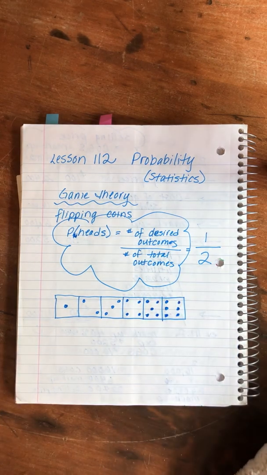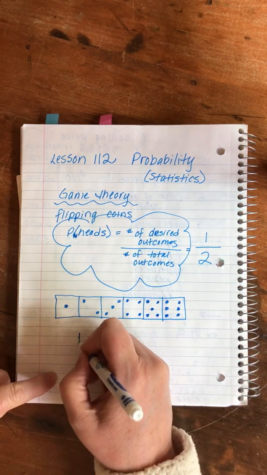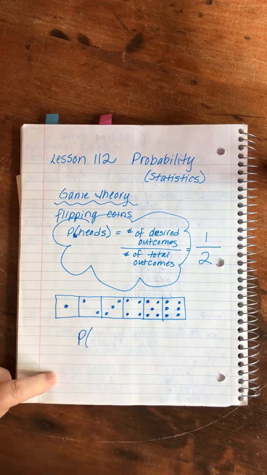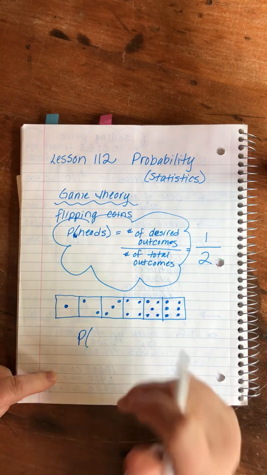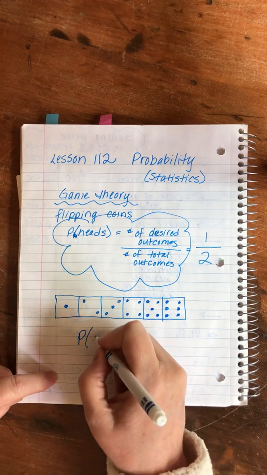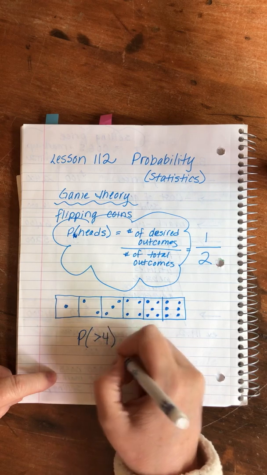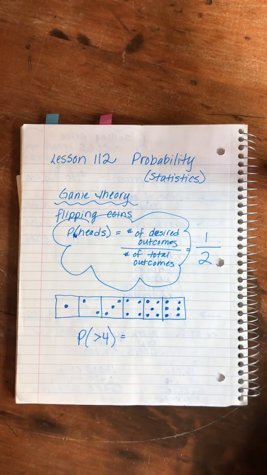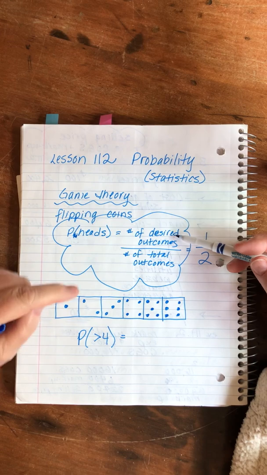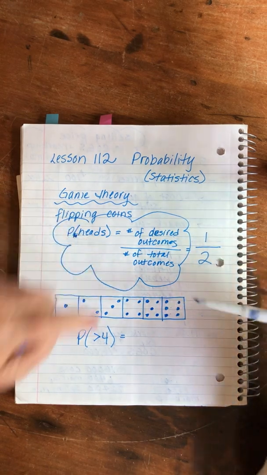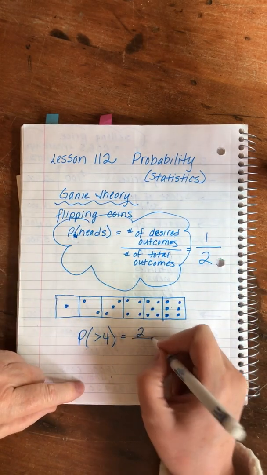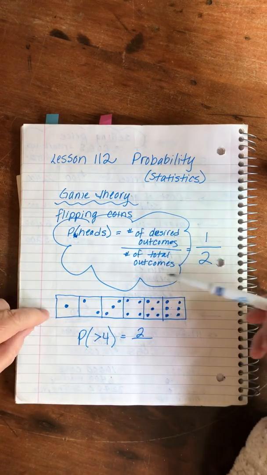Okay, so what if we want to say, what's the probability of rolling the die and getting a number that's greater than 4? How many desired outcomes does that leave us? That just means 5 or 6, right? So there's 2 desired outcomes, and then what are the total outcomes?